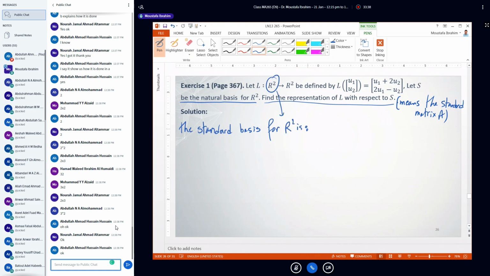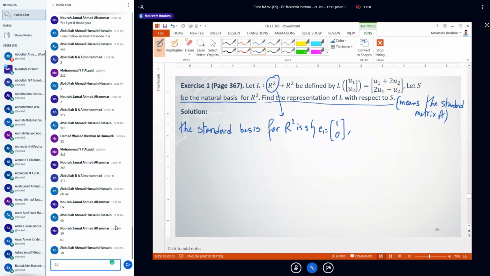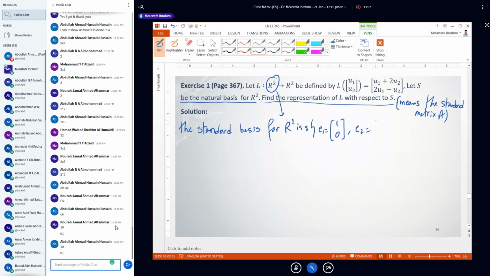Yalla guys, what's the standard basis for R2? You have to put them by order. Pay attention, by order. E1 = (1, 0). Don't put (0, 1) first. And E2 = (0, 1). Very good. You have to keep the order, even if it's a set. For that, we call it standard. Standard means by order: (1, 0), and then (0, 1). Okay? Not the inverse.